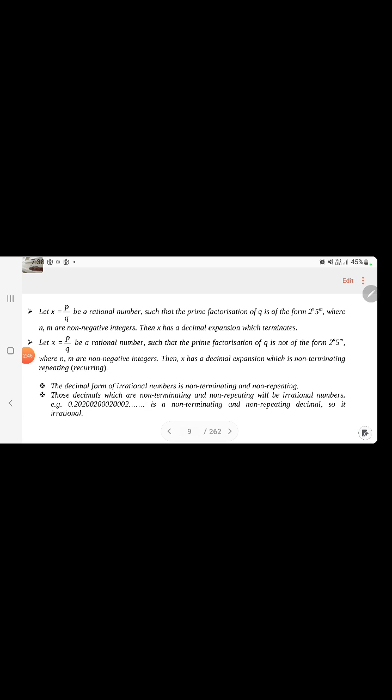So it is irrational. If you want to find whether a given decimal is terminating or not, you can convert it into decimal form and check. I will explain this while doing problems. Now let's move on.